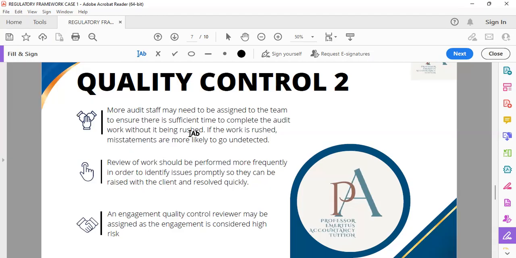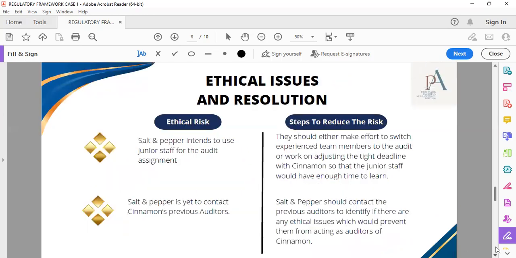And once that is done, we find that the audit will be performed according to quality. But the points I've raised here can be adapted to any other audit. Then they ask you to identify finally the ethical issues and resolutions.